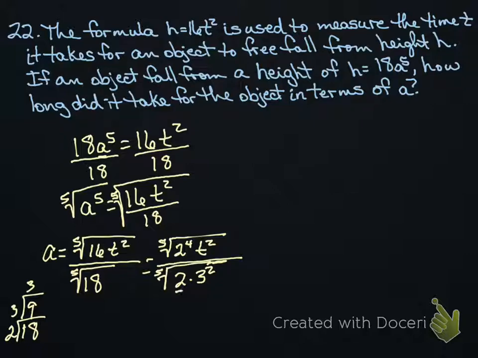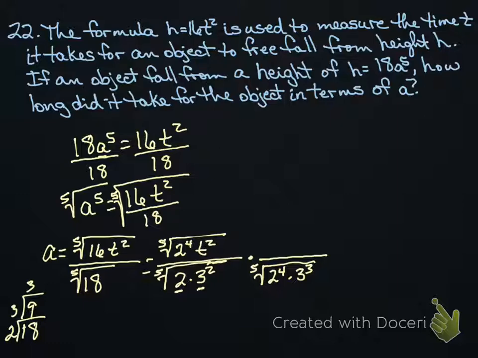I need to get both my 2 and my 3 to a 5th power. So I'm going to multiply by the 5th root of 2 to the 4th power times 3 to the 3rd power.